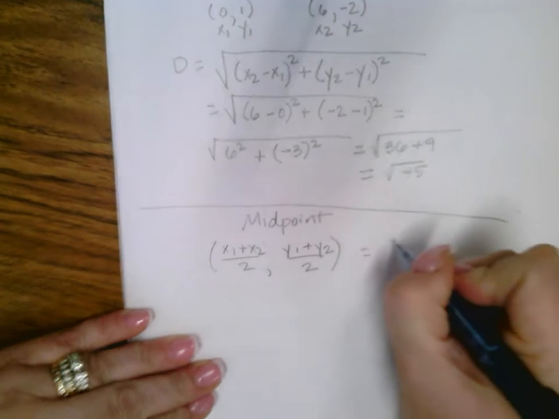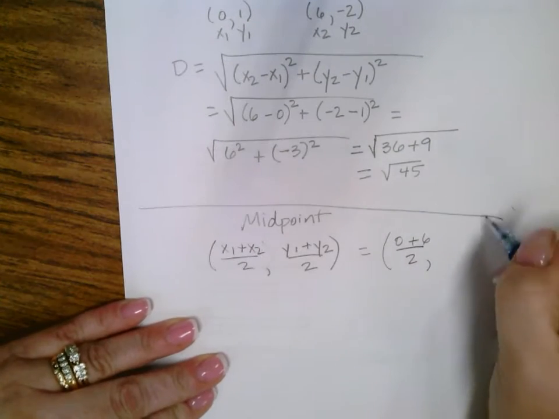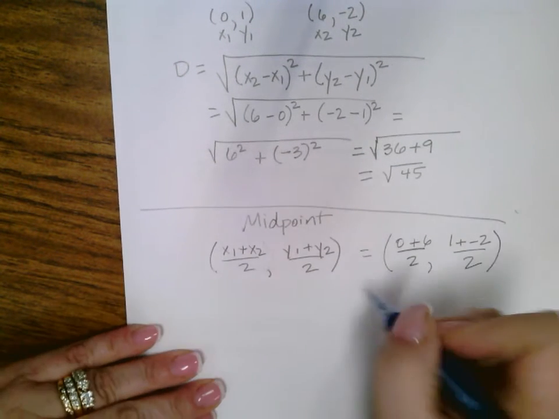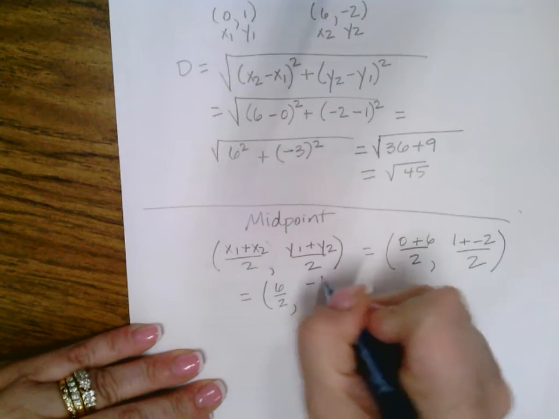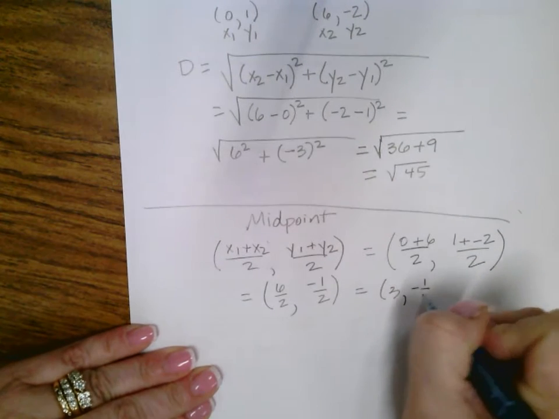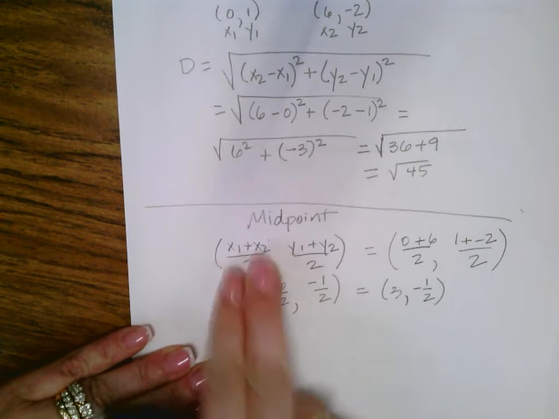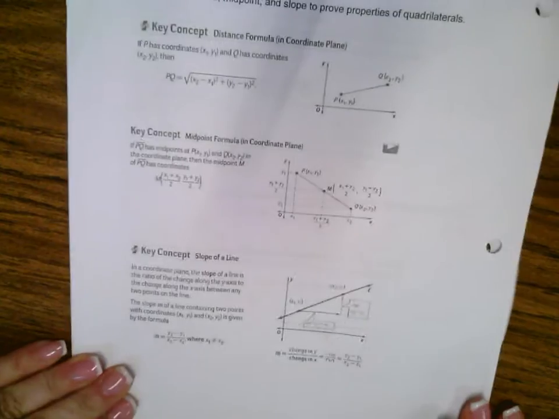And when I plug in my values, 0 plus 6 divided by 2, 1 plus negative 2 divided by 2, I get 6 divided by 2, negative 1 divided by 2, or (3, -1/2) as my midpoint. That's the same thing as stacking them, adding them, and dividing by 2. So when we look at our notes, it's just recapping that on page 26.